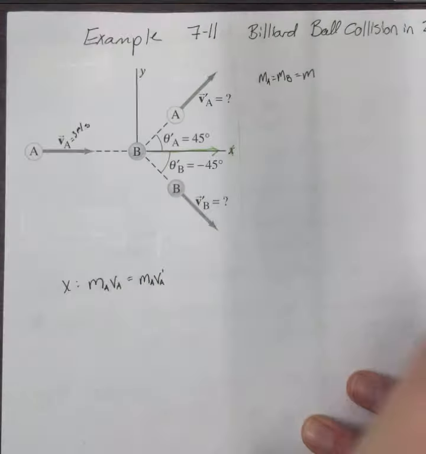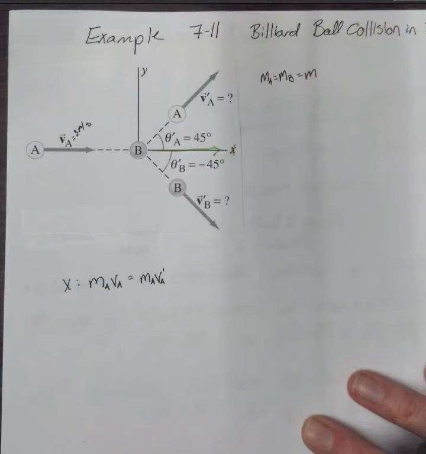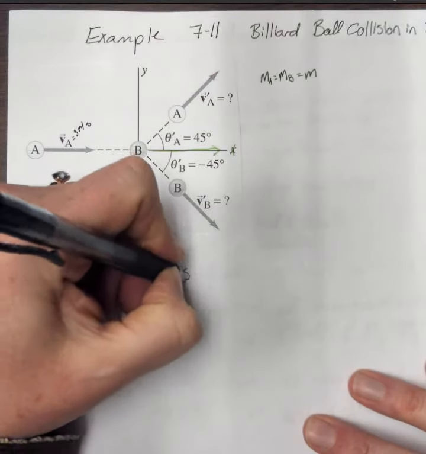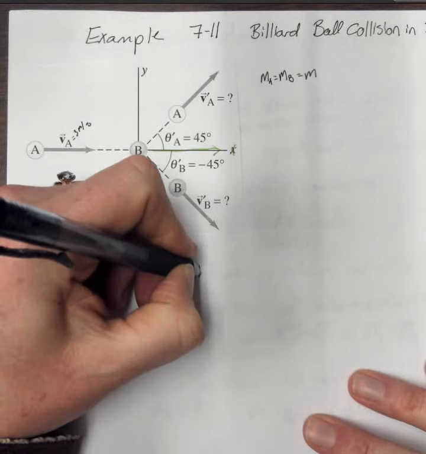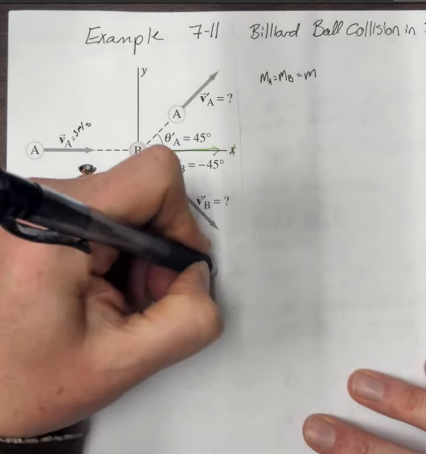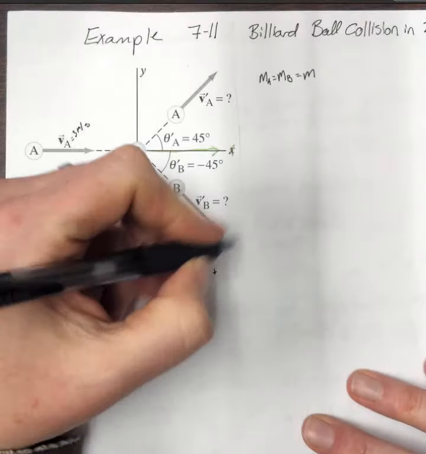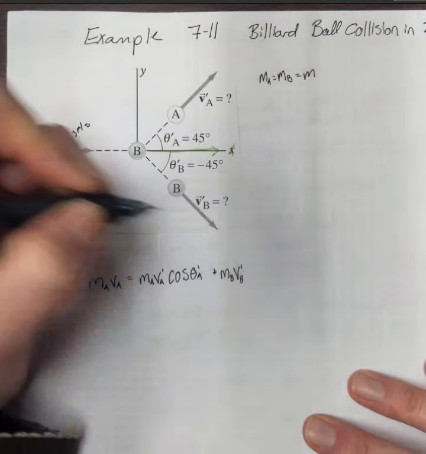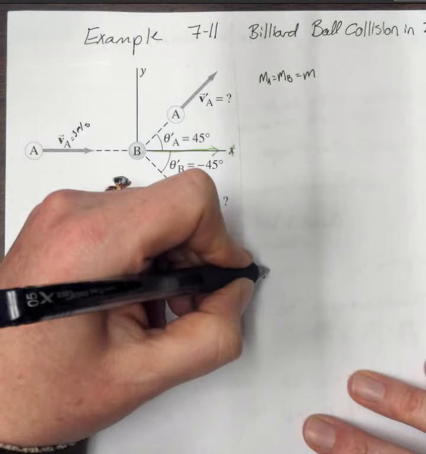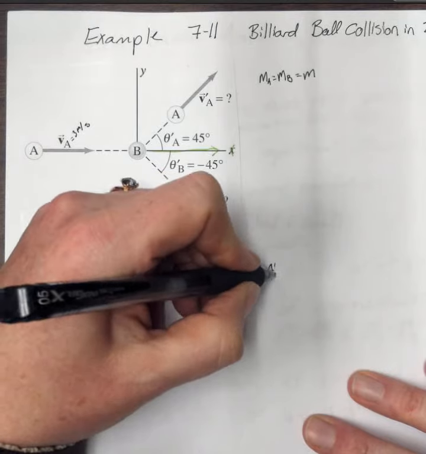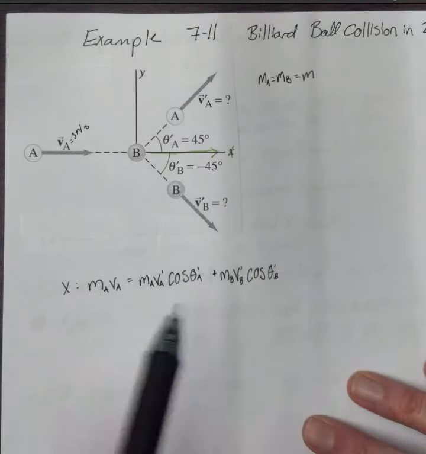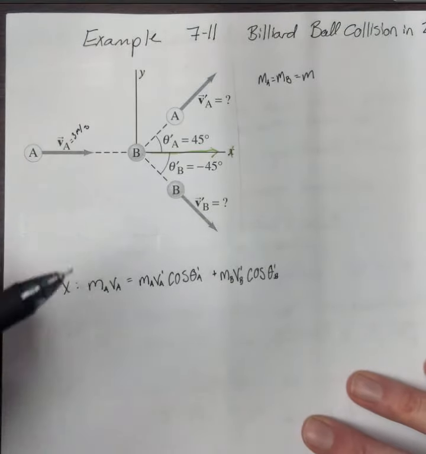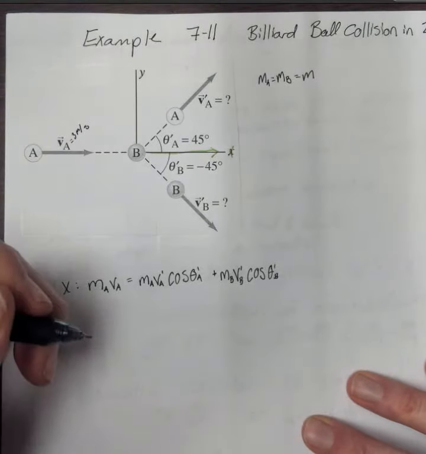So that means that we're looking for cosine theta prime A. And we're going to add that to the mass of object B times the velocity of object B after the collision times the cosine of theta prime B. And so you'll note that we'll be able to solve this regardless of if these angles are the same or not. But we can, in fact, solve for this.